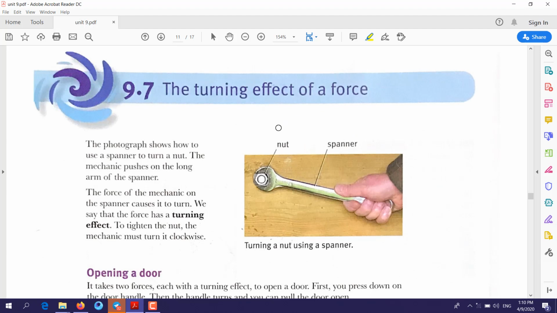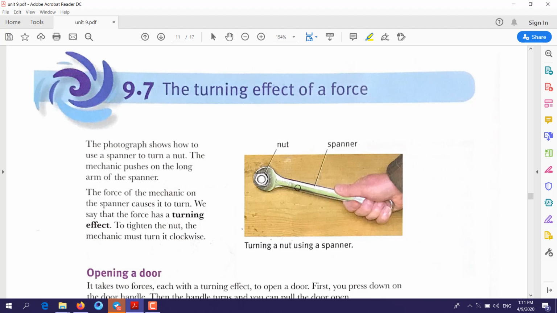9.7, the turning effect of a force. What do you mean by the turning effect of a force? It is the force that makes objects turn. An example: here we have a nut and a spanner.